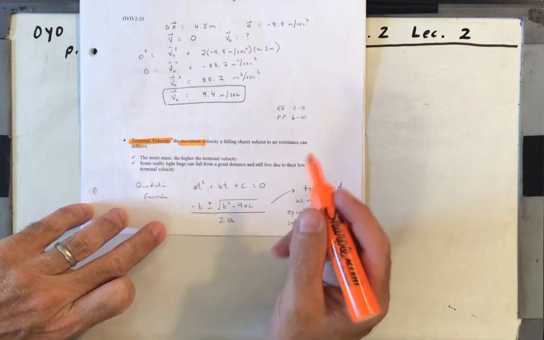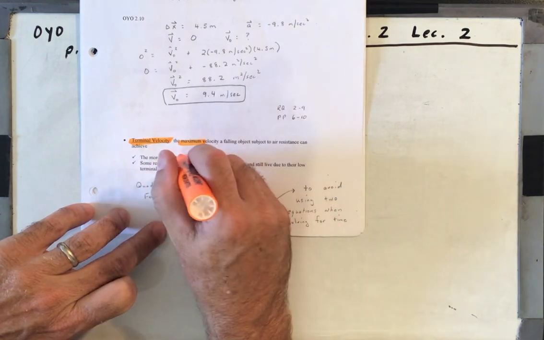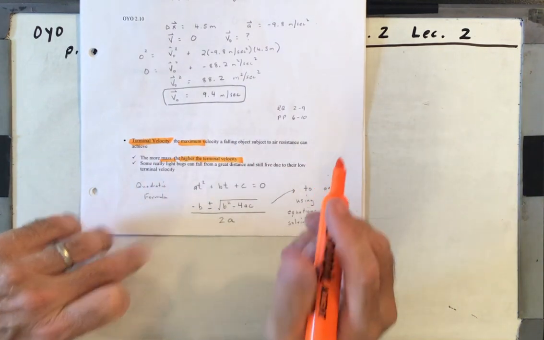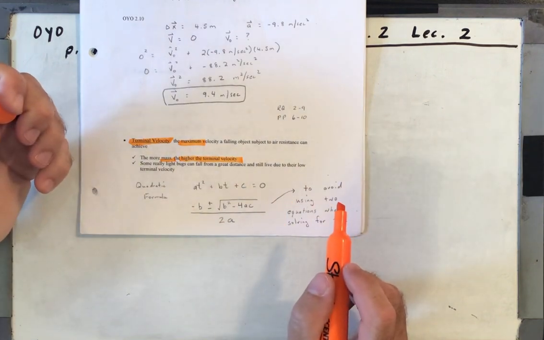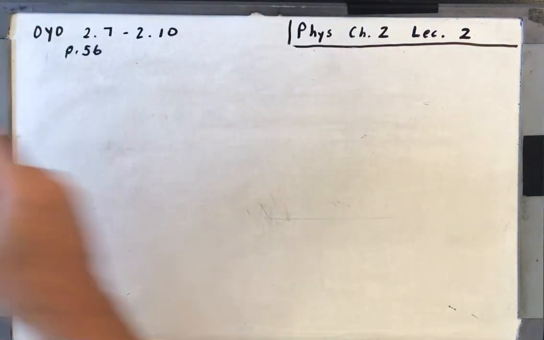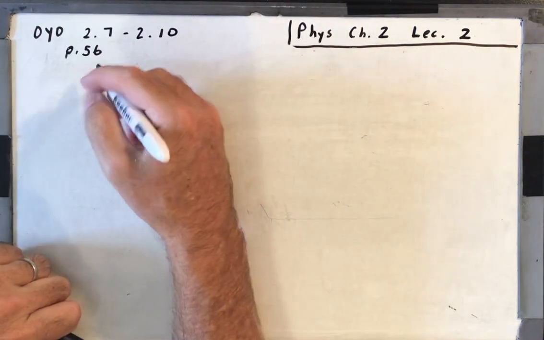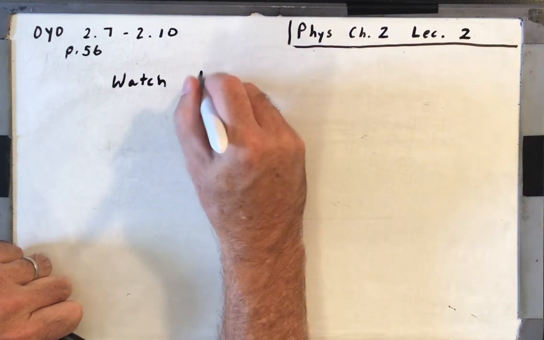So terminal velocity, the more mass, the higher the terminal velocity. So there is a maximum velocity you can achieve when you're in free fall. So I want you to watch the terminal velocity video.